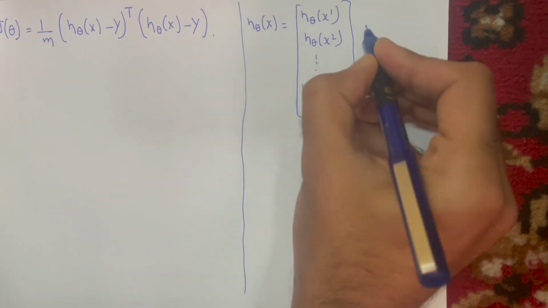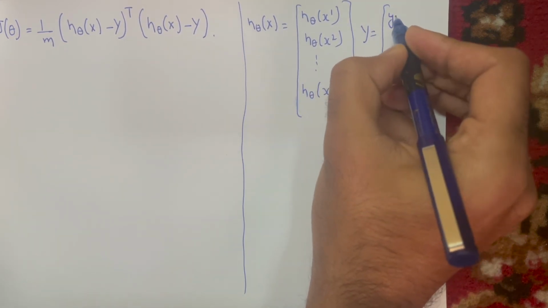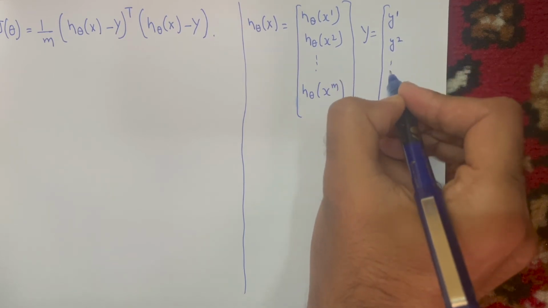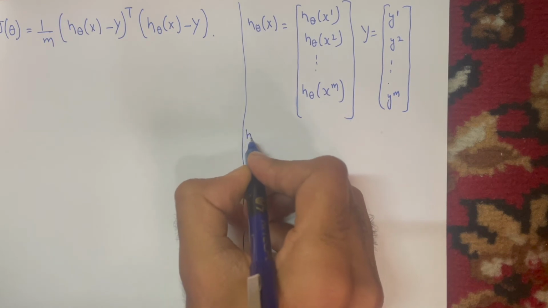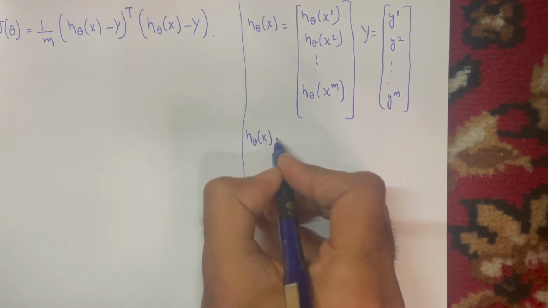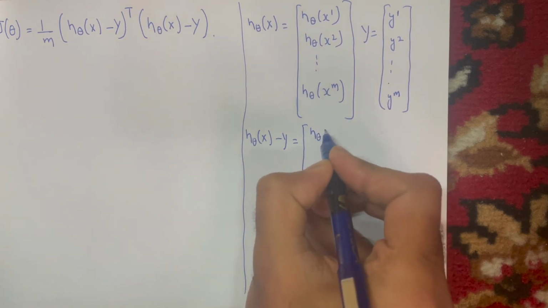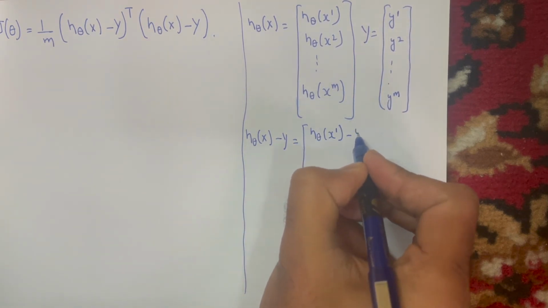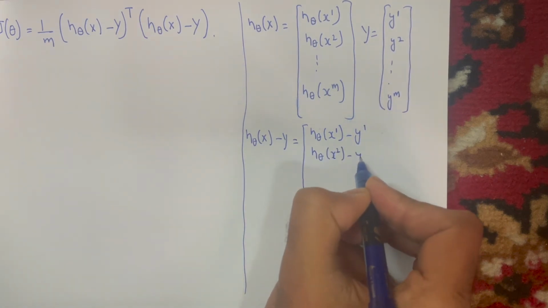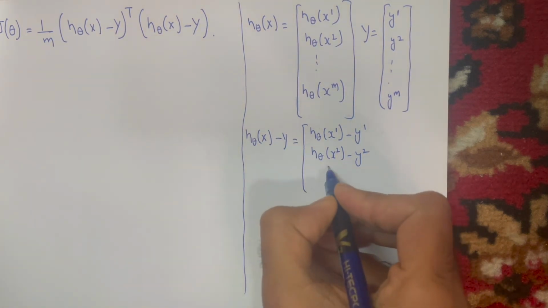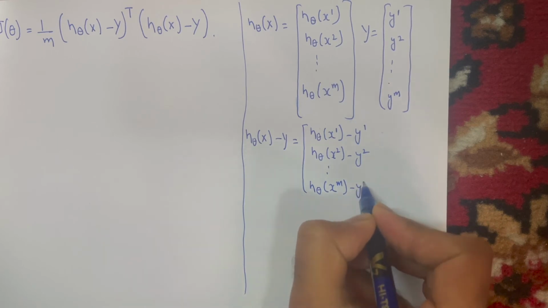And what is our y? So y is y1, y2 up to ym. And what will be h of theta x minus y in matrix format? It will be h of theta x1 minus y1, h of theta x2 minus y2, ... h of theta xm minus ym.